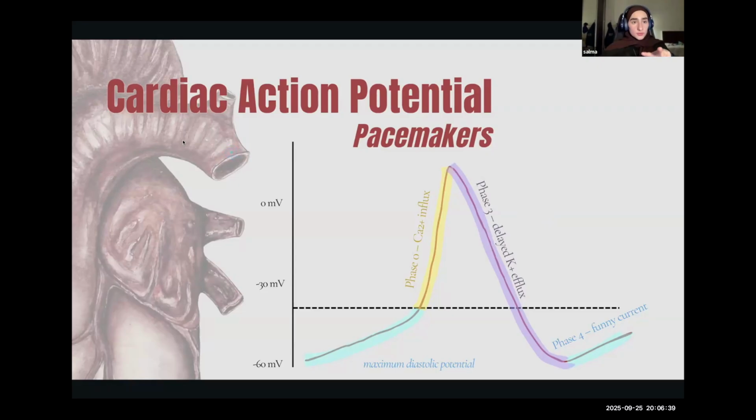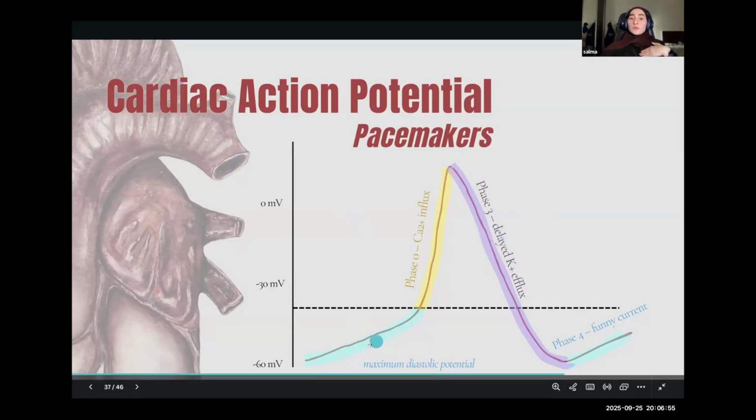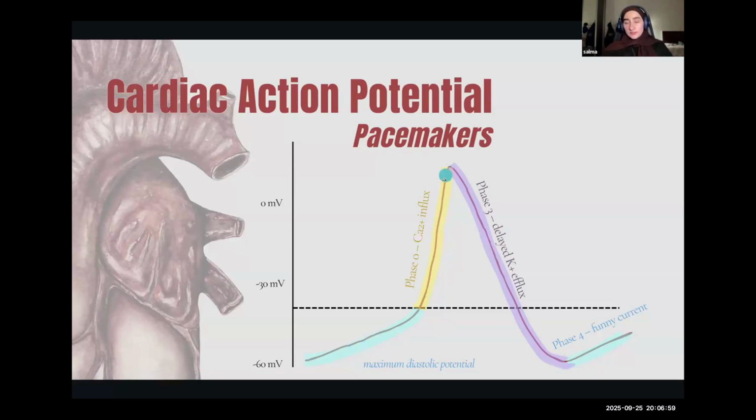Okay. There were two questions. After threshold, do the funny channels inactivate? I think they do. I'm not entirely sure, but I think I read that they do inactivate. But I doubt you need to go into that much detail. You just need to know what channel predominates each phase. This phase is predominated by calcium.